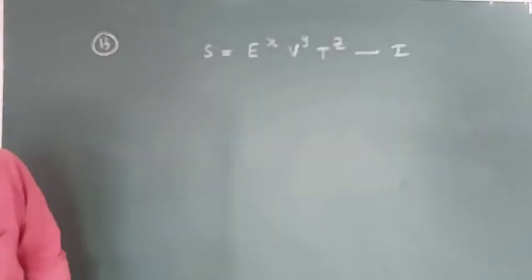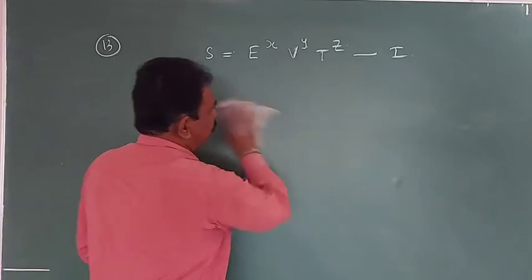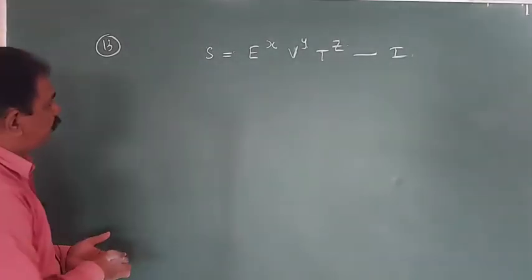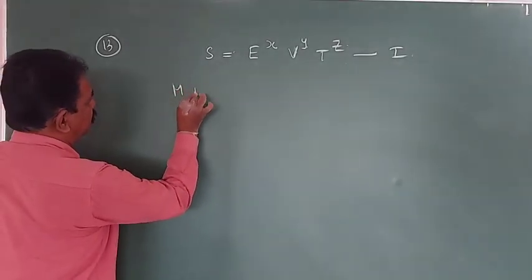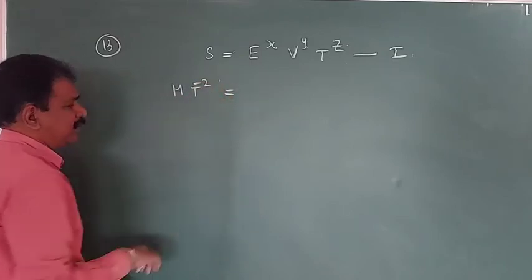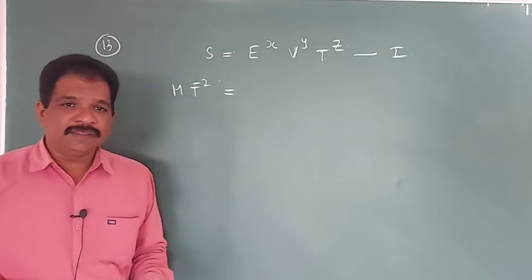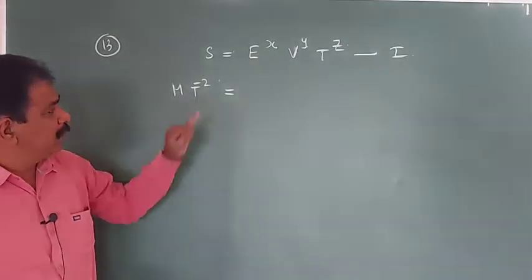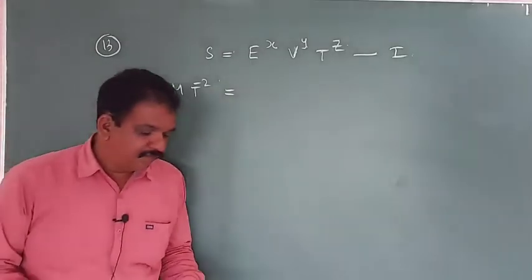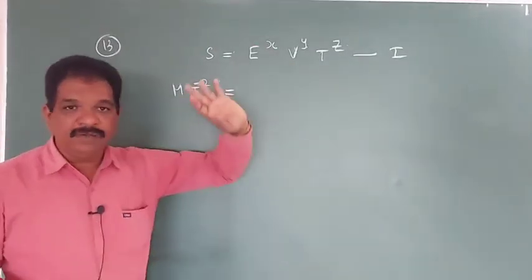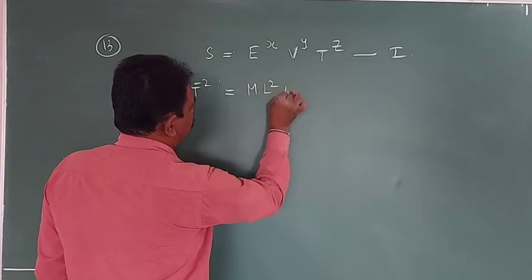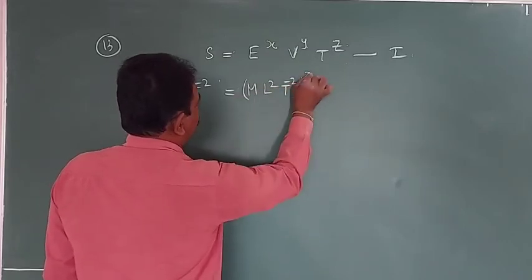Next step, what you have to do, we have to write dimensional formulas of the quantities on both sides. Surface tension dimensional formula M T power minus 2. Force per unit length, means force by length, will be called surface tension. So it becomes M T power minus 2. E is energy, V is velocity, T is time. Energy dimension formula will be M L square T power minus 2, power x.